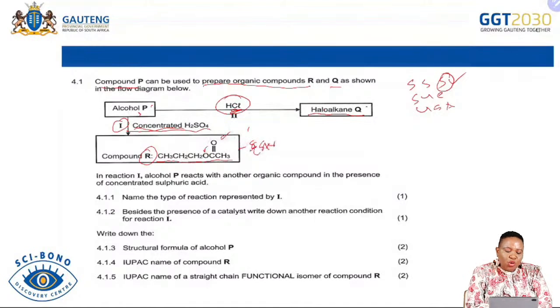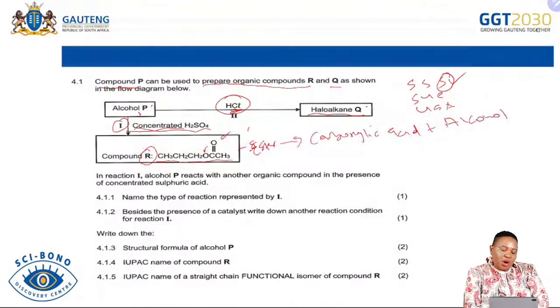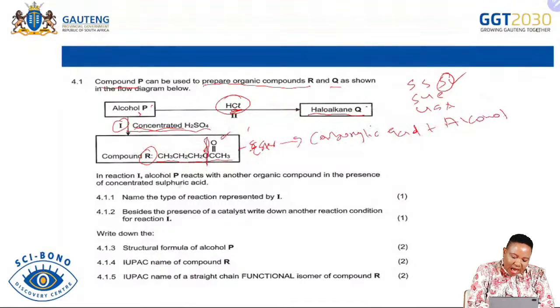So already we know that for this compound R to be formed, this alcohol reacted with what? With a carboxylic acid. So there were 2 compounds that were involved for us to get this compound R, which is our ester.